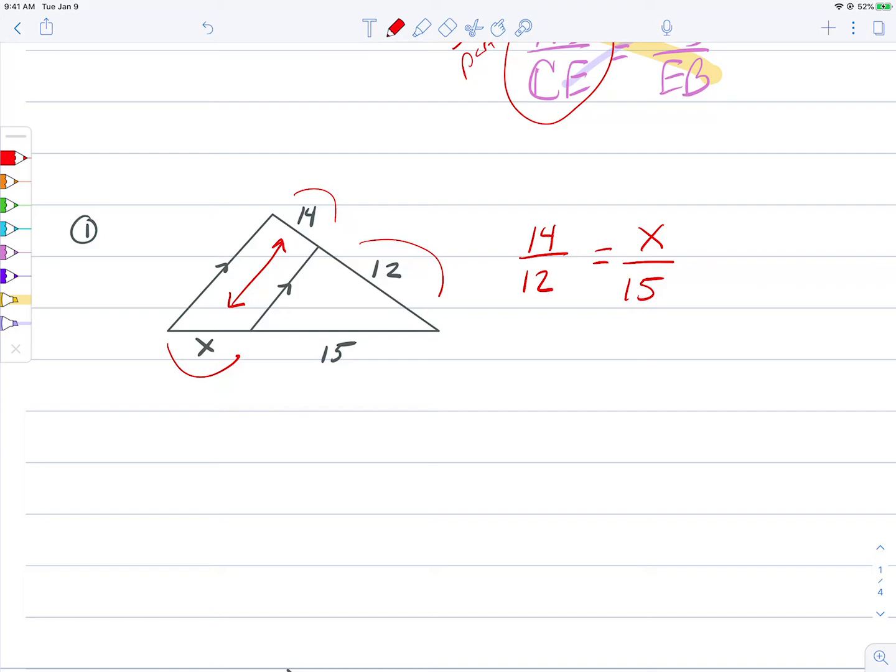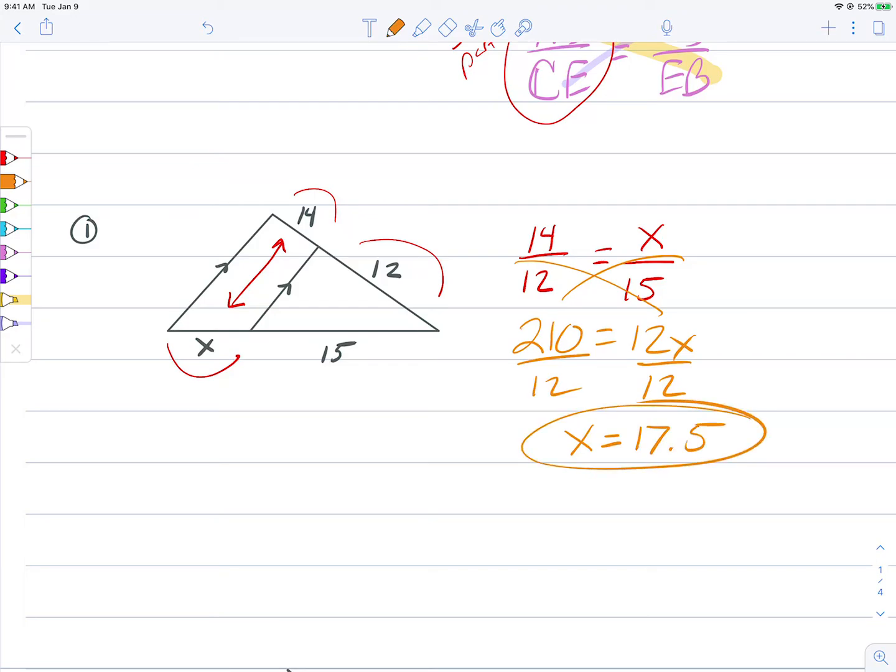And we cross multiply to figure out our answer. So first of all, 14 times 15 is 210. And that equals 12x. And if I divide 210 by 12, I end up with x equals 17.5. So I have just found the missing side of my triangle.